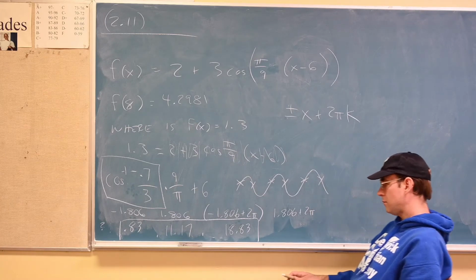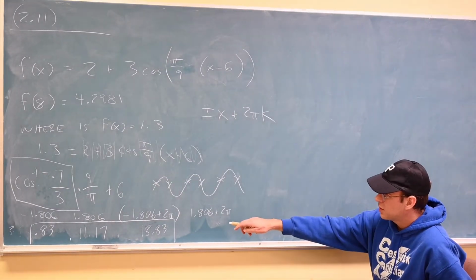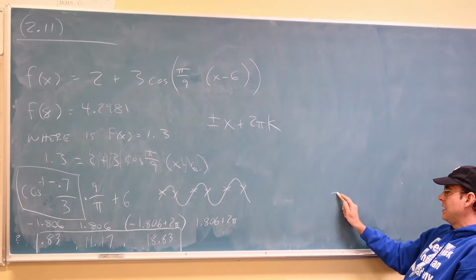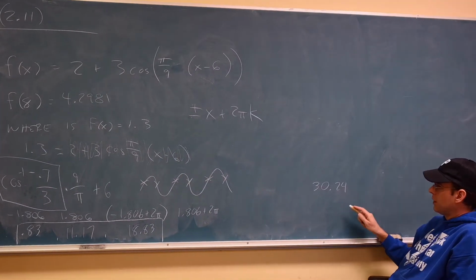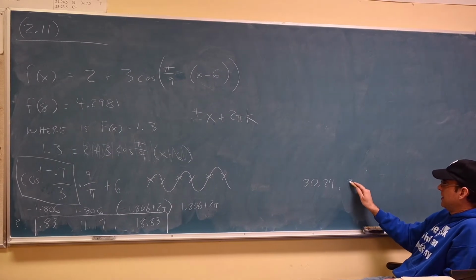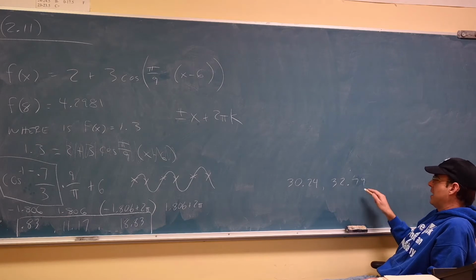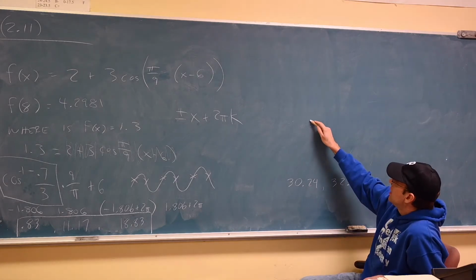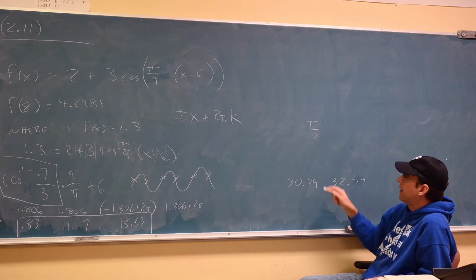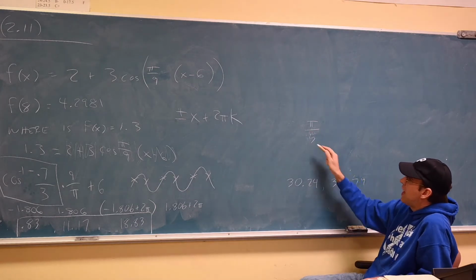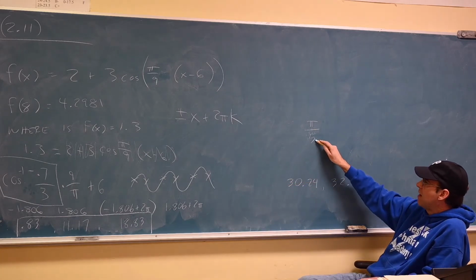So take a small slide to my left. So instead of producing an 11.17, let's say I got something like 30.24. And my next one is 32.79 or something. If the problem had a pi over 10, pi over 5, the original setup, the pi fraction has a 5.